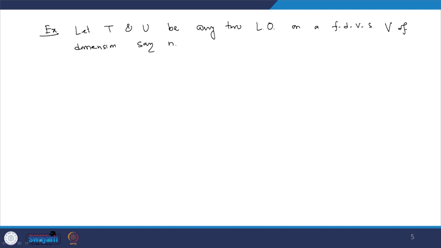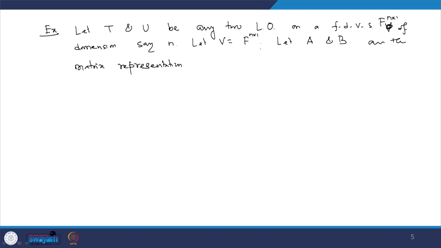Here, let V be equal to F n cross 1, for the sake of simplicity, so that I can immediately give the matrix representation with respect to the standard ordered basis on F n cross 1.